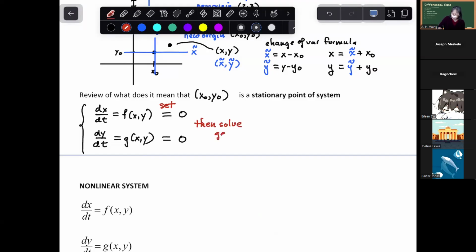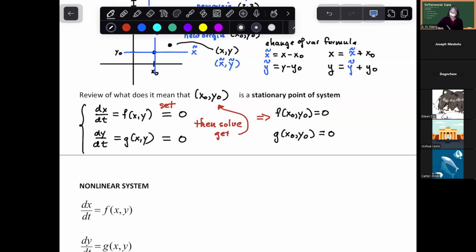And get this. But then what that means is, if you stick it in here, does everybody see what that means? If you stick it in here, that's going to be equal to 0. And if you stick it in here, that's going to be equal to 0, right?